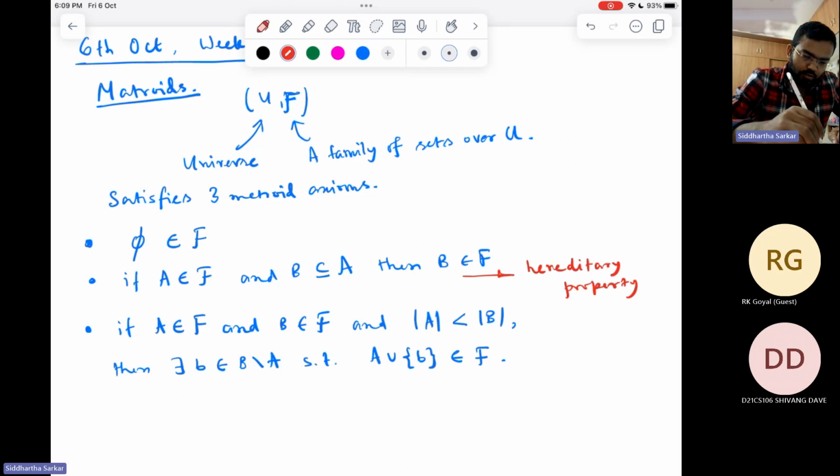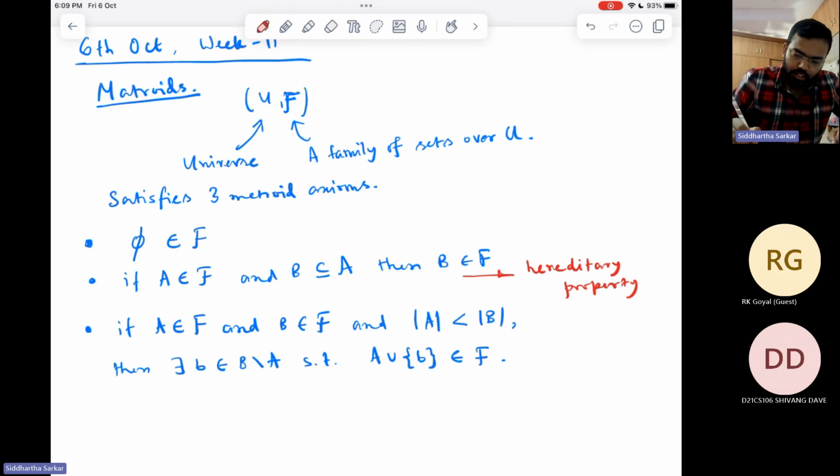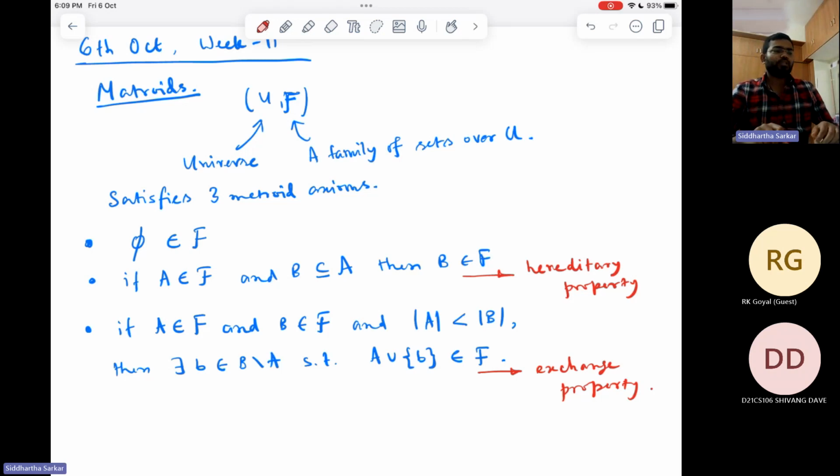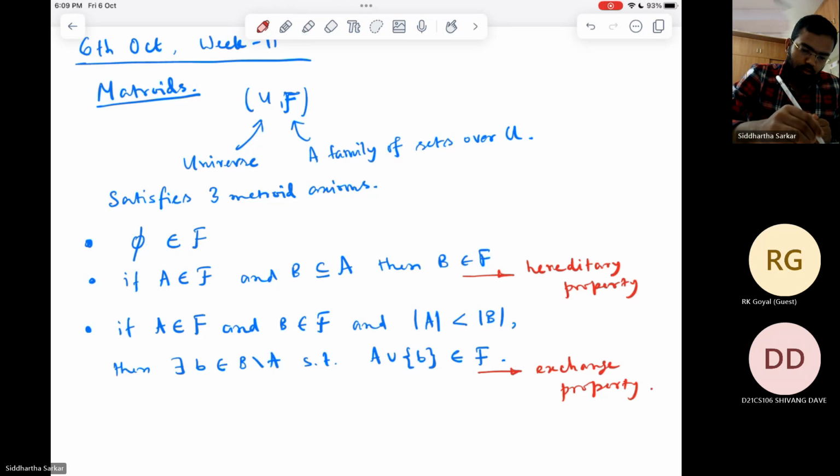For convenience, we will call this property the exchange property. So this is the definition of matroid. I hope that the definition is clear.